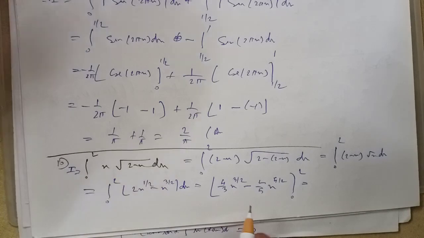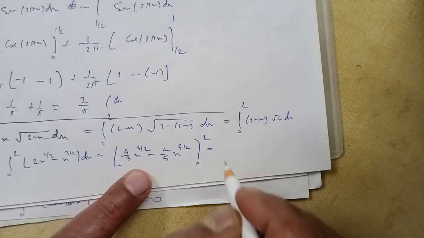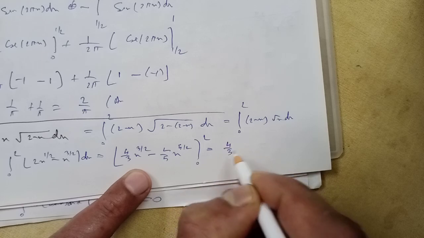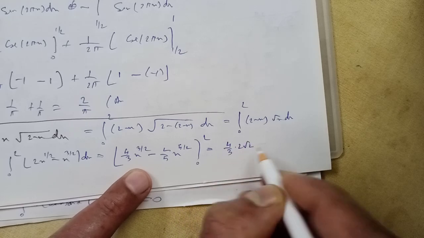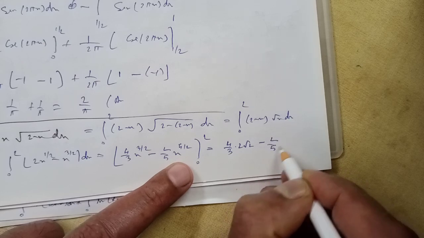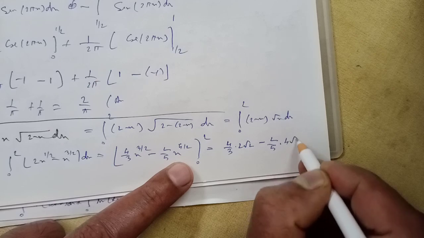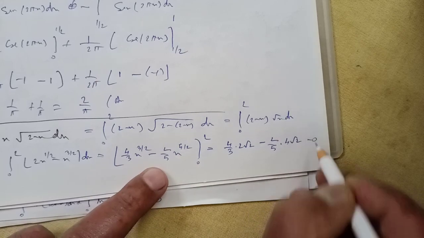If we put 2 here, so 2 to the power 3 by 2, that is 4 by 3 into 2 root 2, minus 2 by 5 into 2 to the power 5 by 2, that is 4 root 2, and 0 to 0.